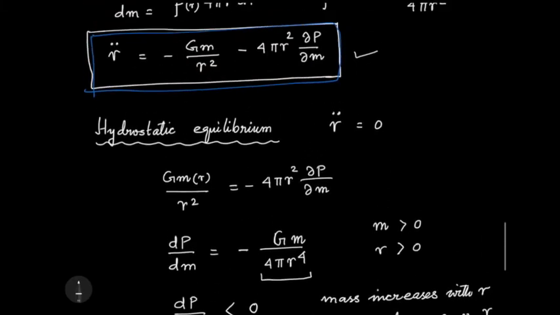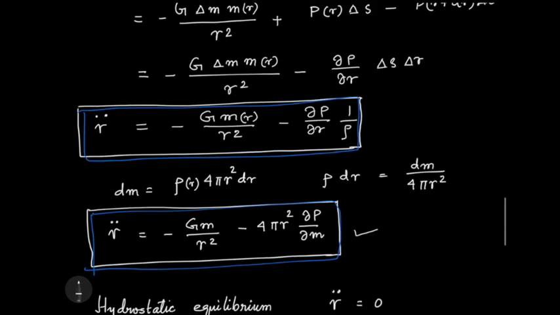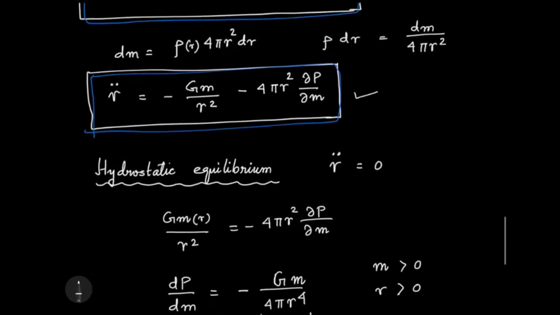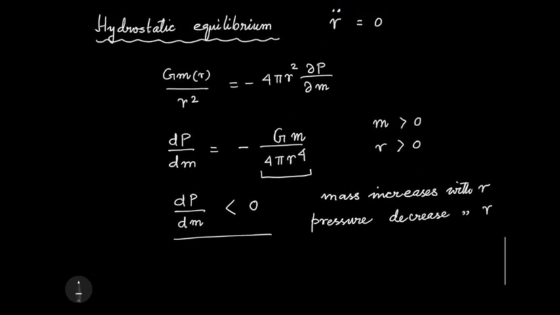Now you can see this in a more straightforward manner if you use this expression, where you will get dP by dr less than 0. But I leave it for you to work it out from that expression. Sometimes we'll write in this way: if r increases, this upper arrow means increases, mass increases and pressure decreases. This is a short form of writing those things.